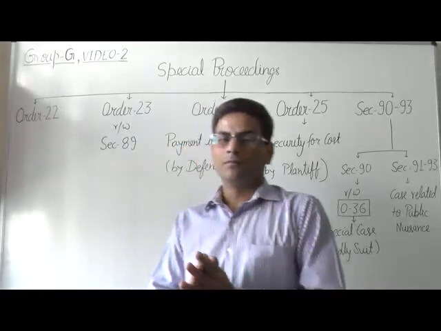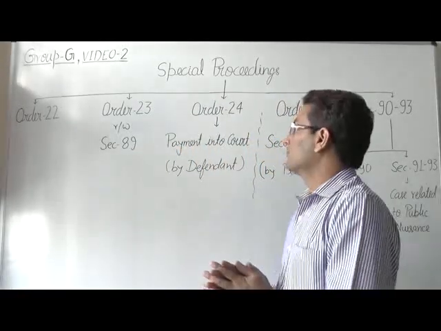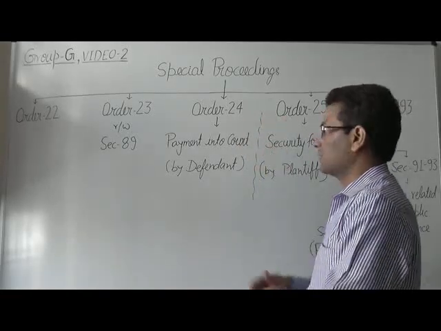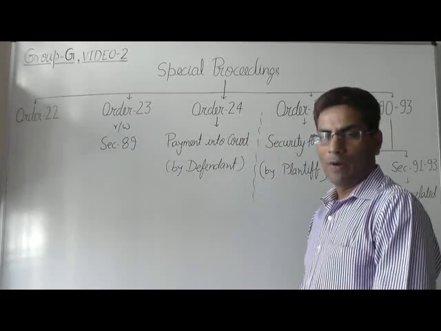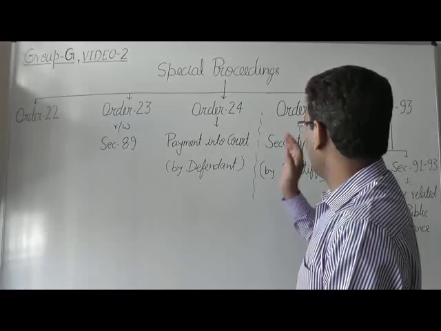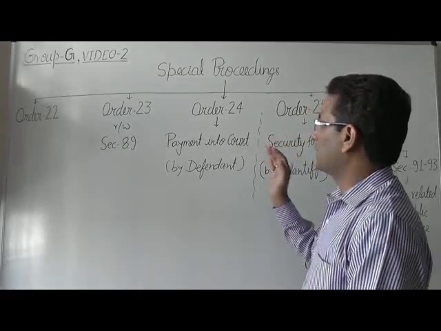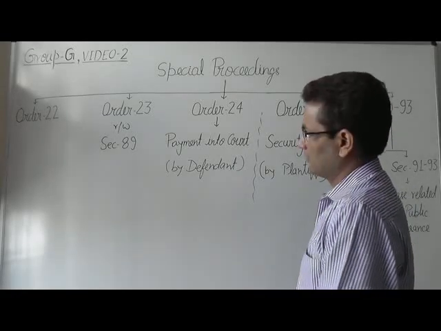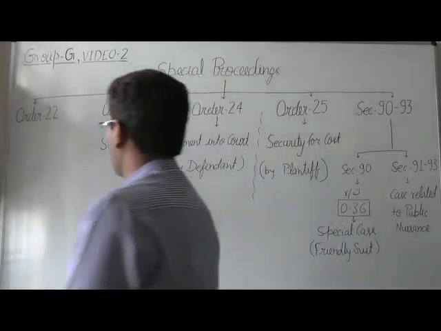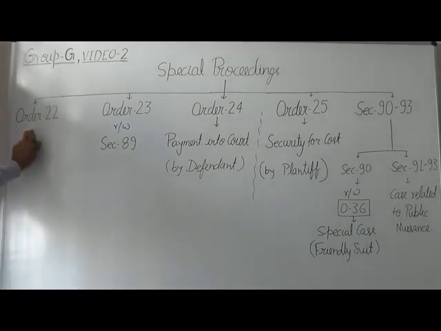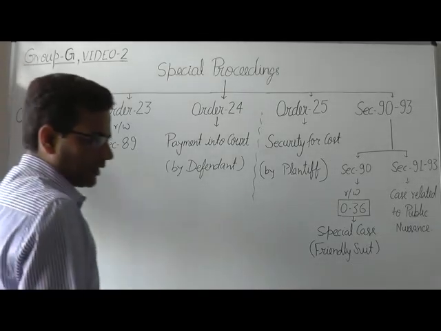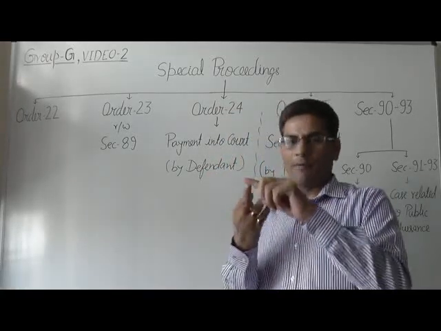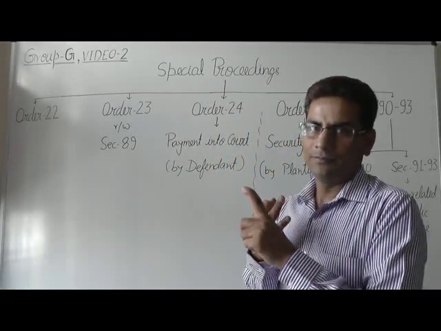Primarily, we should classify all the special proceedings provided in the code. I have classified all the special proceedings into 5 headings, into 5 clauses. First, Order 22, that is effect of death, insolvency or marriage of a party.